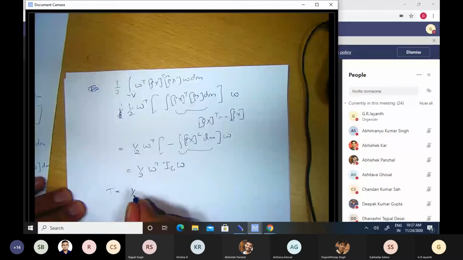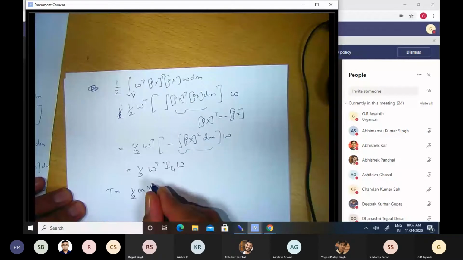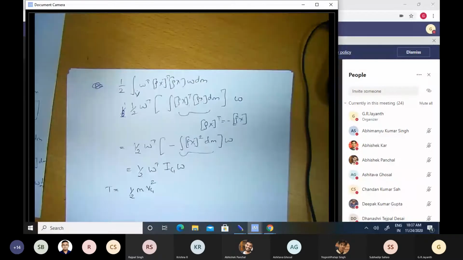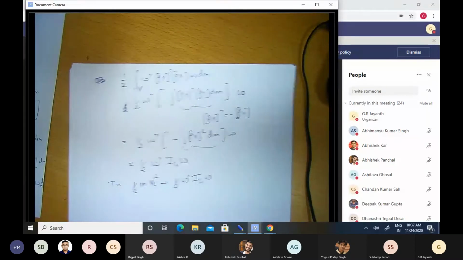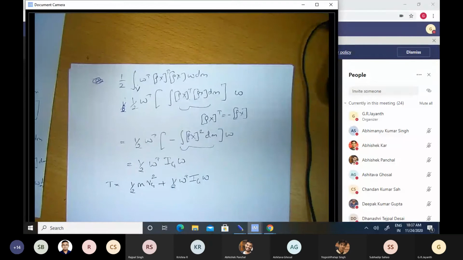There are two components. If the center of mass is moving with a certain velocity, then the kinetic energy is that of a particle of the same mass moving with the same velocity. But in addition, there is an extra term associated with the angular velocity with which the rigid body is rotating, and that's given by omega transpose Ig omega.